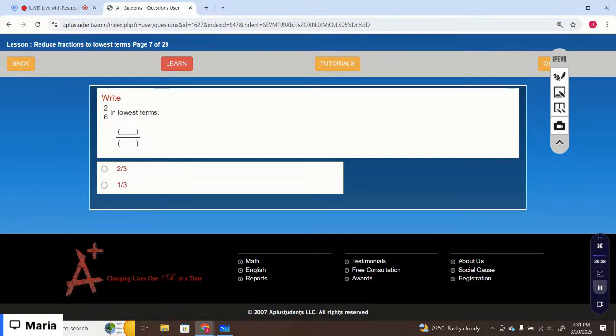2 by 6 in lowest term. So which is the correct option? We can write 2 by 6 in the lowest term as 1 over 3.